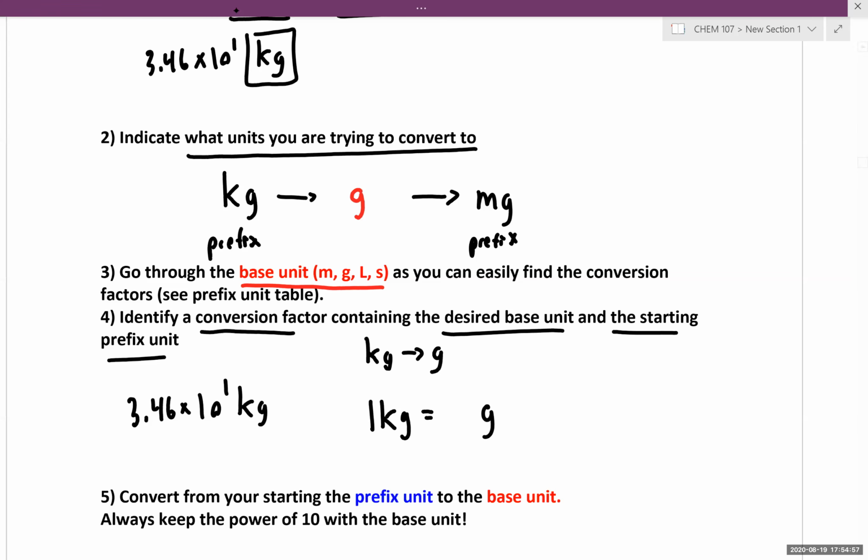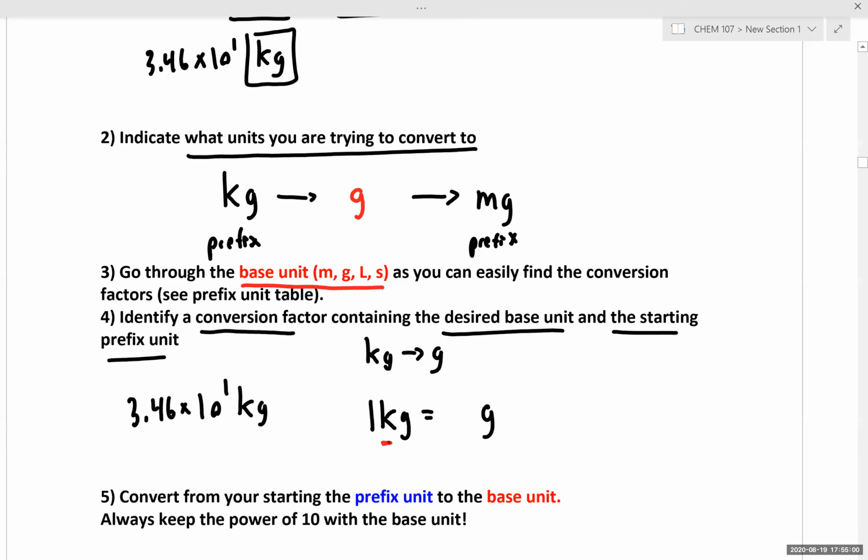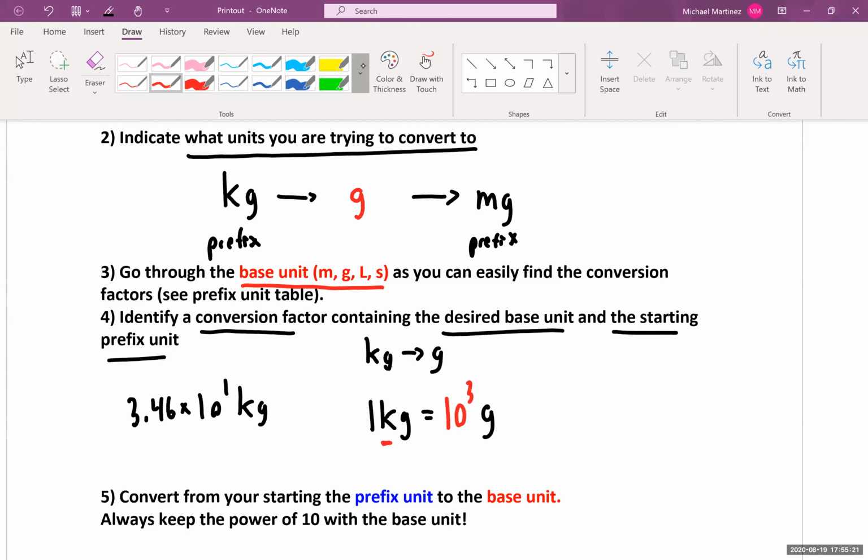What does the kilo prefix correspond to? 1,000, yep, or 10 to the third. I like writing things in terms of powers of 10, though you're more than welcome to write it as 1,000. I just find it's easier to add and subtract the powers of 10 when you're performing your unit conversion. But yes, that's exactly right.